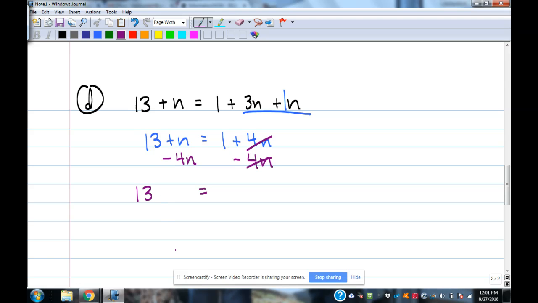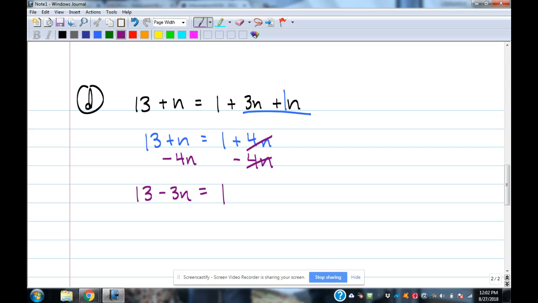Oh. -3. -3 because it's +1 and a -4, so that makes a -3. All right. It's like you owed me $4 and you gave me a $1 payment. Now you only owe me $3. That's -3.